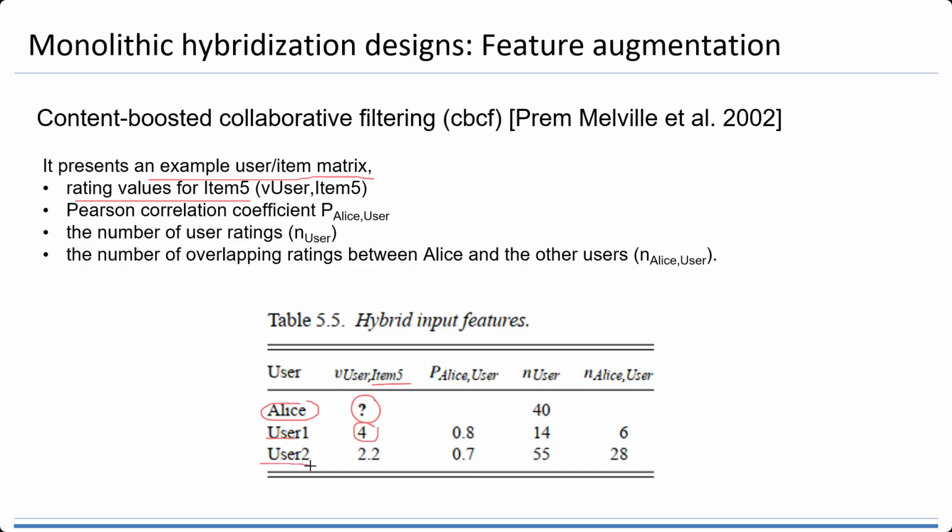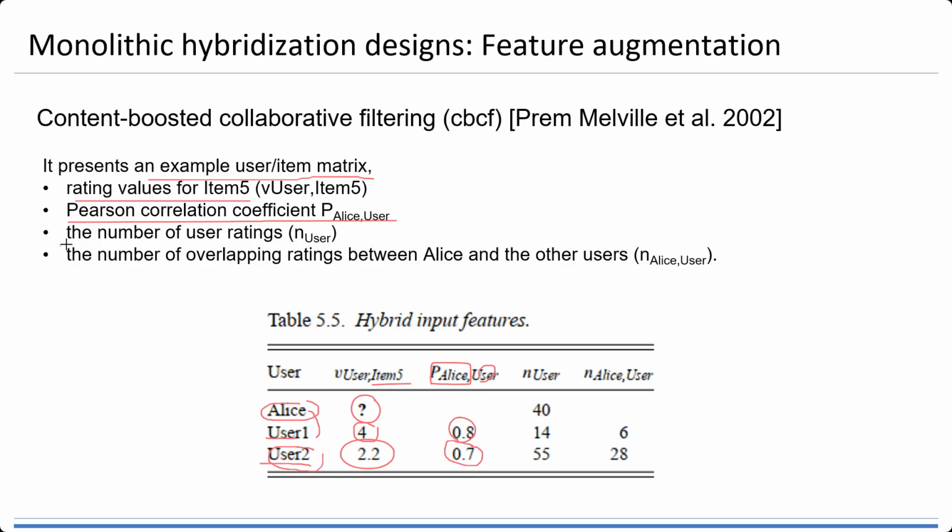For user 2, he gave the rating 2.2. And then we combine with other features. For example, we have the Pearson correlation. The Pearson correlation between Alice and user 1 is 0.8. Alice and user 2 is 0.7.